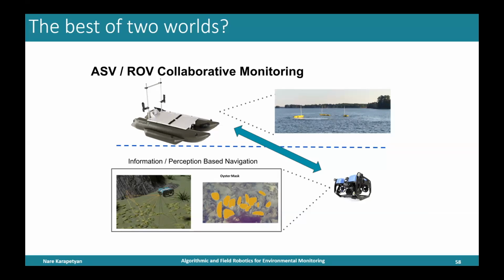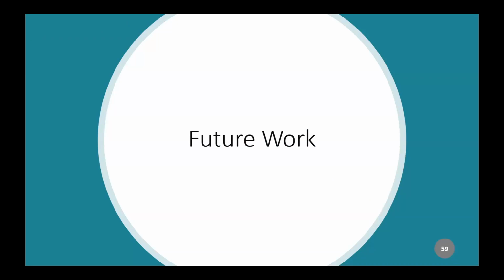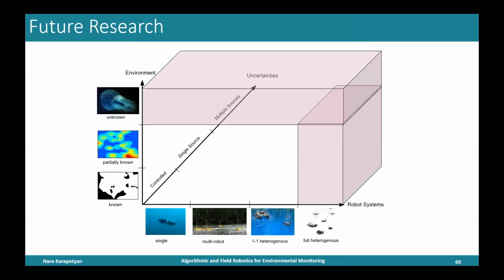We're making it so that a single person will be able to deploy it without much overhead and be able to communicate on a surface level with the underwater vehicle as well.